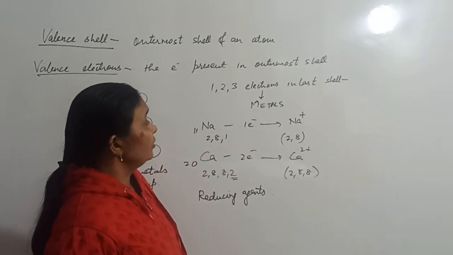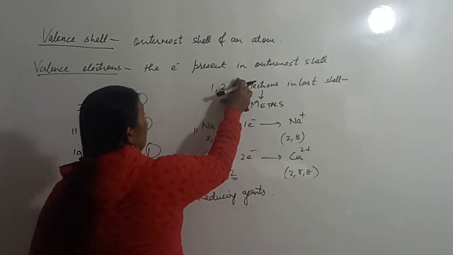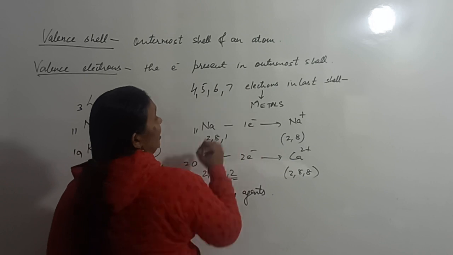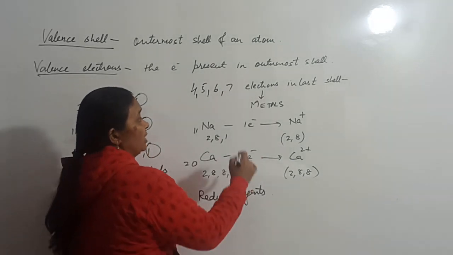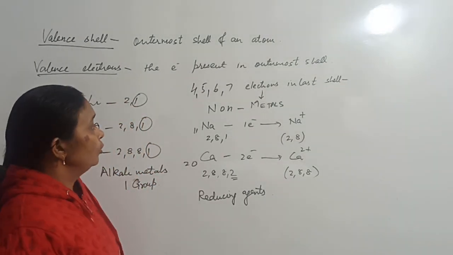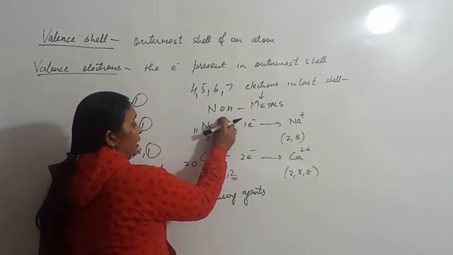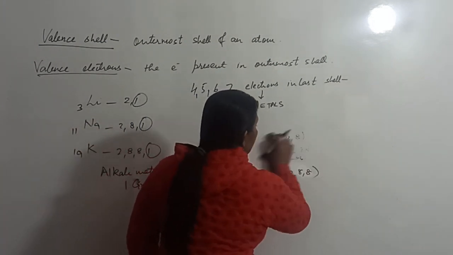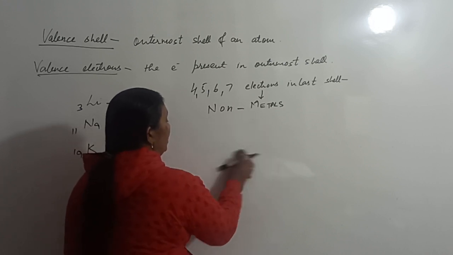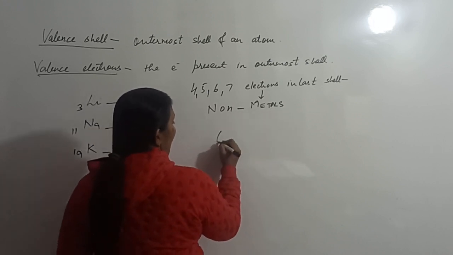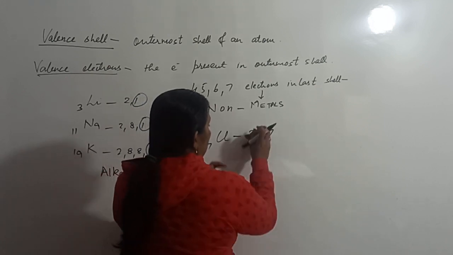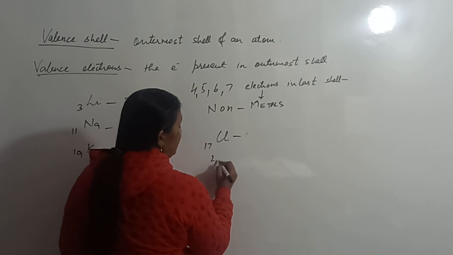On the other side, if the atom has 4, 5, 6 or 7 electrons in the outermost shell, then it is known as a non-metal. For example, let us see the example of chlorine. Chlorine, Cl, has atomic number 17, configuration 2,8,7.